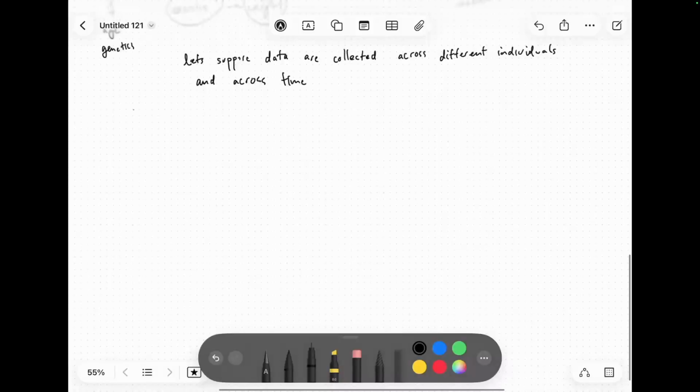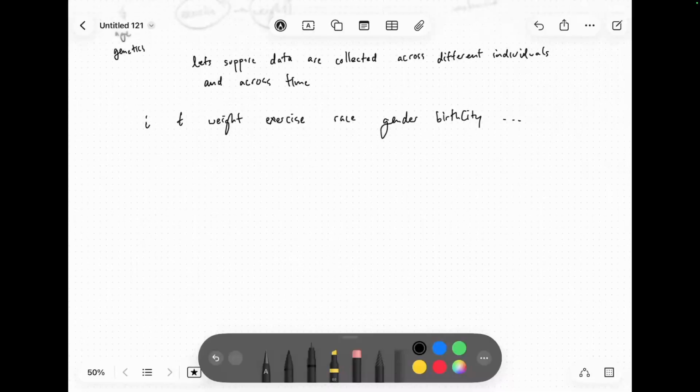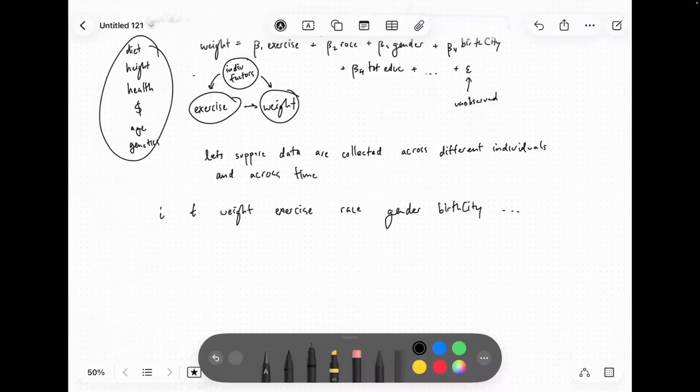We have a bunch of different columns. We're going to say I, which might be an index for a particular person, T, their weight, exercise, race, gender, birth city, and so on, right? It could include a bunch of the variables that we talked about up here as well.